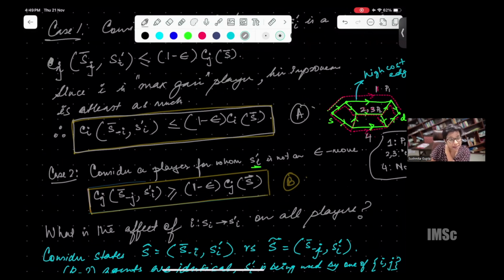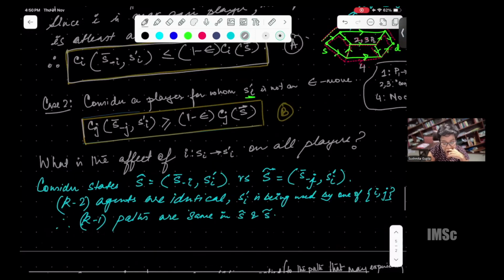That's the situation represented by equation A. In particular, that player could be the max gain player with respect to whom this algorithm decides the next switch in state. But multiple players can actually see an epsilon move, because epsilon could be so small that for multiple players this is an improvement. But the max gain player is the one who sees the maximum improvement. For all those players for whom this is an epsilon improvement, they are represented by equation A.